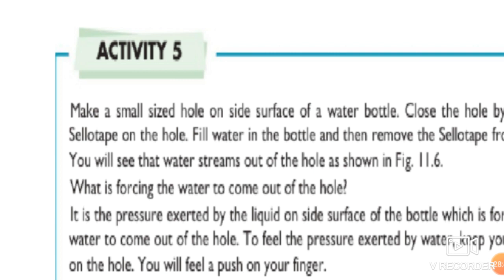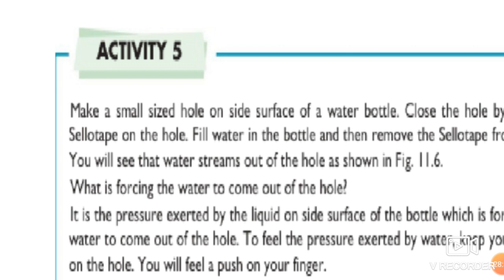So what is forcing the water to come out of the hole? Why does this water really come out of the hole with so much force? What is exactly that?